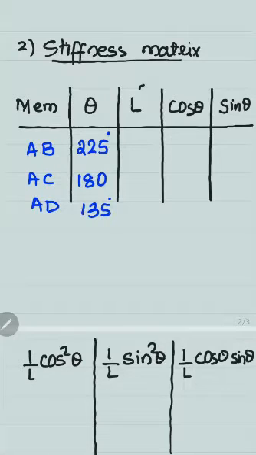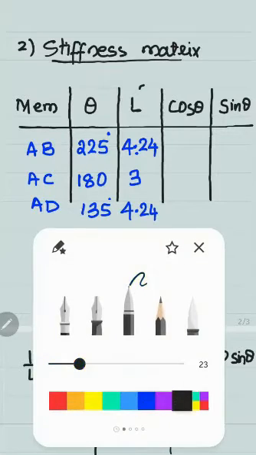For each member, you have to calculate the length. By Pythagoras theorem you can calculate. So the AB length will be 4.242, AC will be 3 meters, and AD will be 4.24.